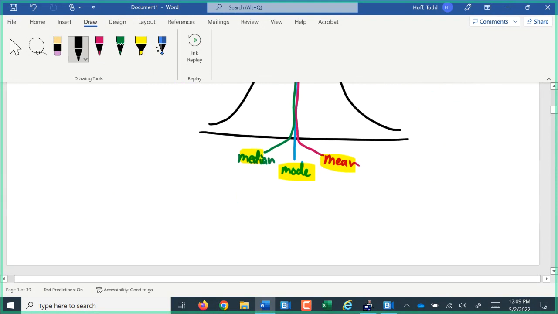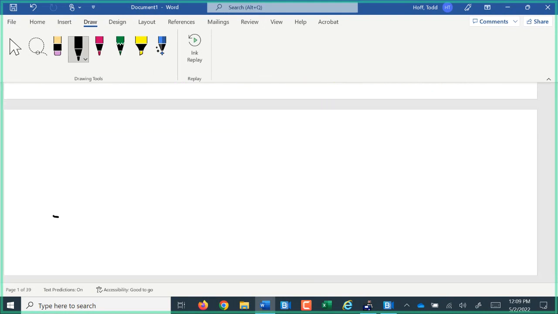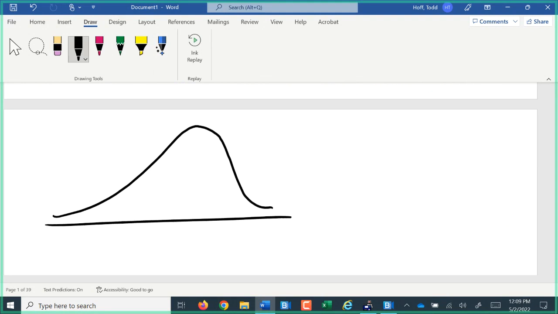But most data sets are slightly skewed. By skewed, I mean stretched out in one direction or another. So this data set is what we call skewed to the left. Because the left tail is kind of stretched out here.